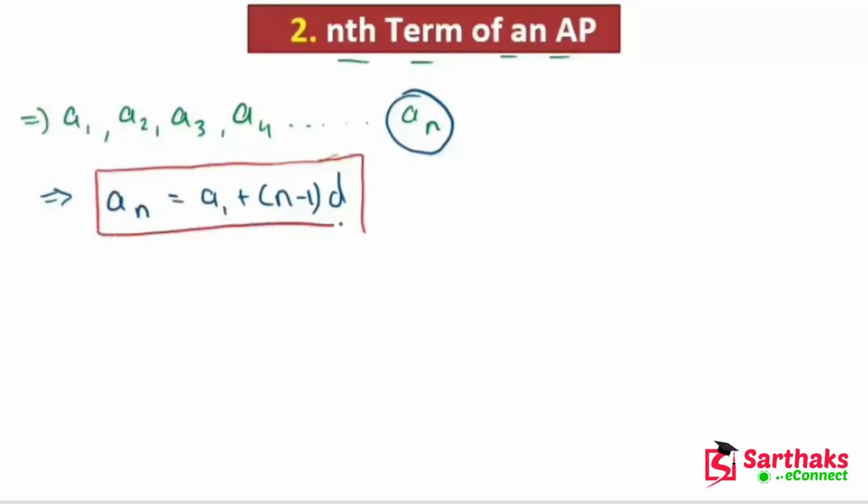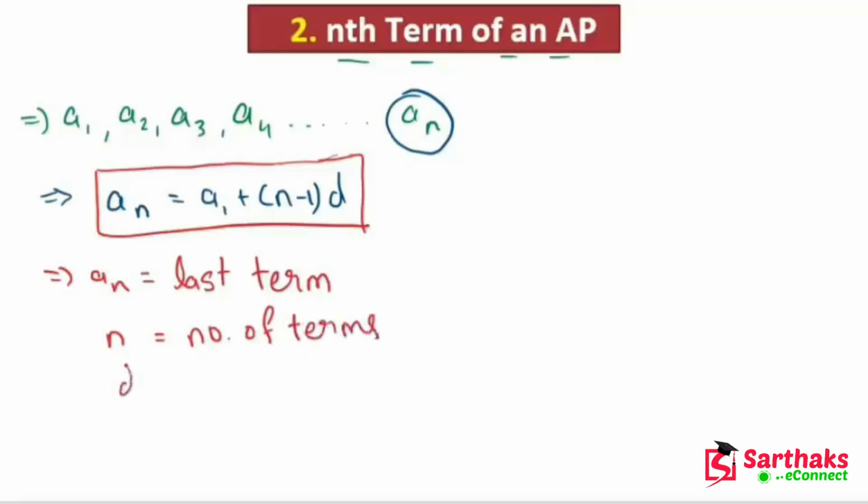Now, in this case, what is AN? AN is our last term, and N is our number of terms.